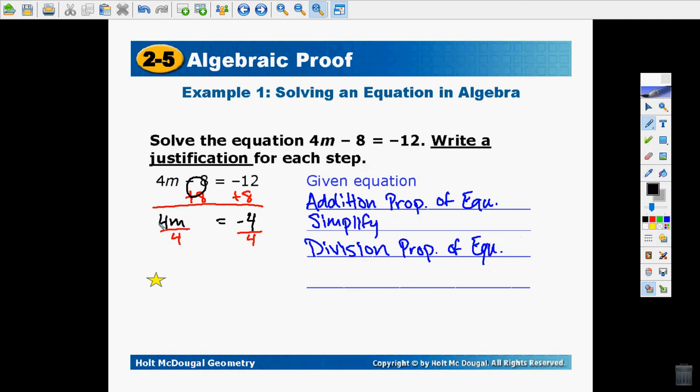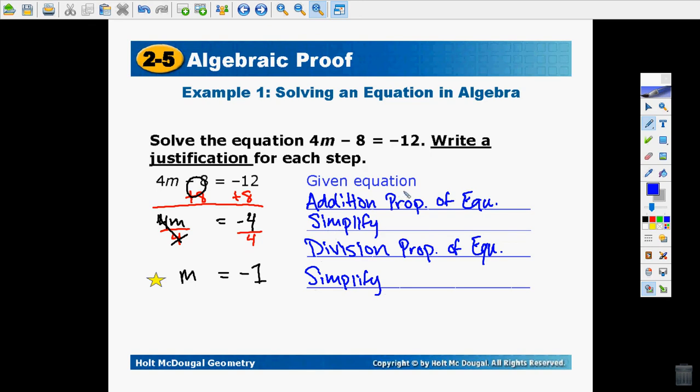And the last thing that we do is, remember, 4 divided by 4 is a 1, so that would be 1m. Negative 4 divided by positive 4 would be a negative 1. And what is that called that I just did? I did it earlier in my proof. I simplified.